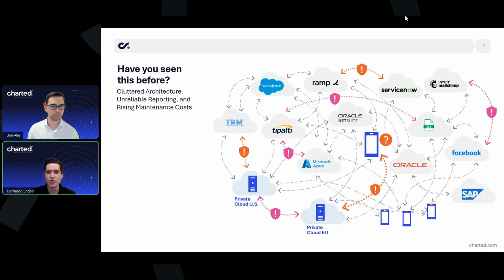The point that I'm trying to make is that this is a very common problem that people face. And as we go through the rest of the presentation and talk about some of the paths for AP automation, this becomes really relevant, because a lot of clutter creates inefficiency, creates issues with reporting, and raises maintenance costs. So just keep this in mind as we go through the next few slides.